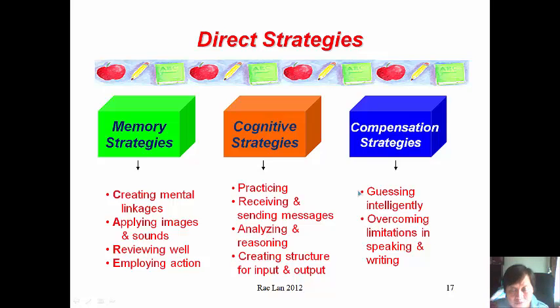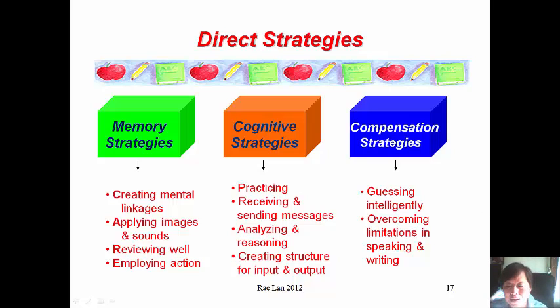So when we take in information or when we try to retrieve the information, we need to use the strategies. What about analyzing and reasoning? This is also important. And then creating structure for input and output. So today I will just give a brief introduction, but when we move on to chapter 2, we will provide more detailed explanation. Then finally, compensation strategies.